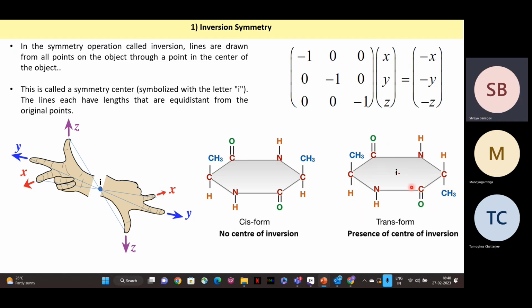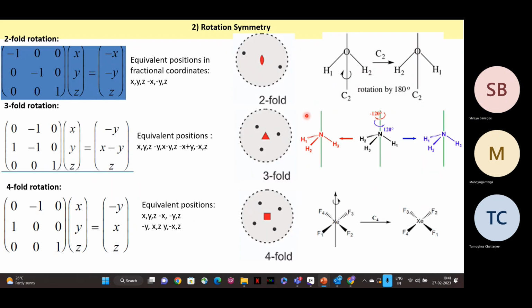If you start from O to the center and travel the same distance in the opposite direction, you get another O. Or you start from N to the center, the same distance, you get another N. So the coordinates of this CH3 and this CH3 are related: if one is XYZ, the other will be minus X, minus Y, minus Z. So this matrix is your inversion symmetry operator matrix.